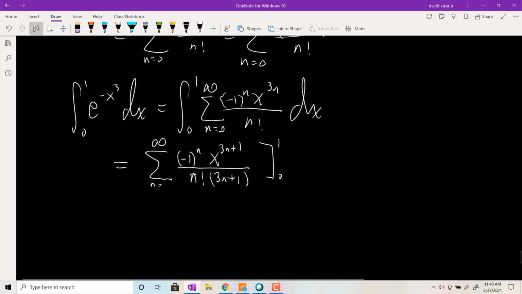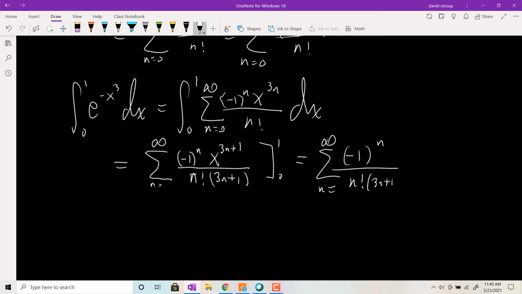And then if we put in 1 for x, of course we just get the sum from n equals whatever to infinity of negative 1 to the n times 1 all over n factorial times 3n plus 1. And then minus, when you plug in 0, all the terms will be 0.